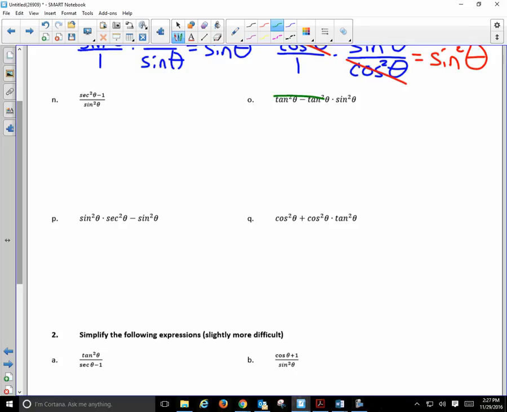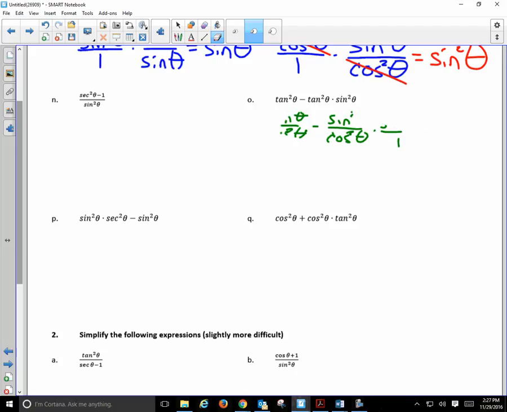You get 0 points on the test for that. You can't do that because multiplication comes before subtraction. So you might say, well, this is sine squared of theta over cosine squared of theta minus sine squared of theta over cosine squared of theta times sine squared of theta over 1. And you see, oh, nothing cancels. You get a sine to the 4th.